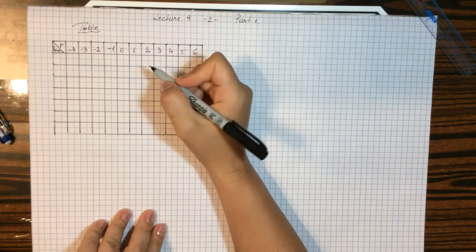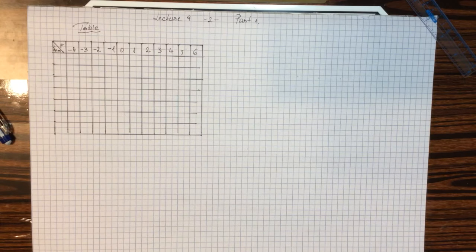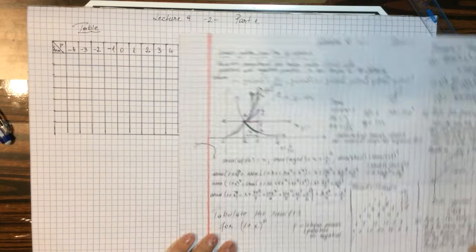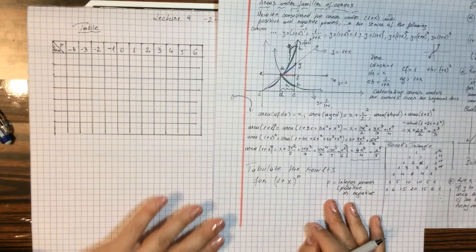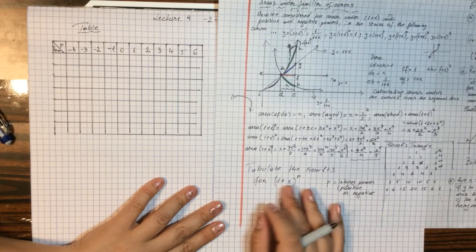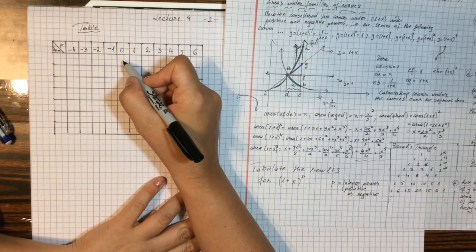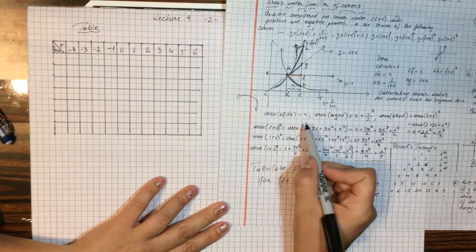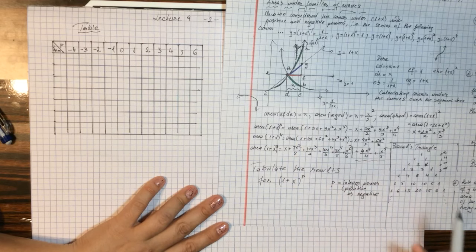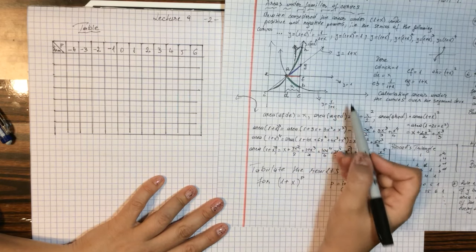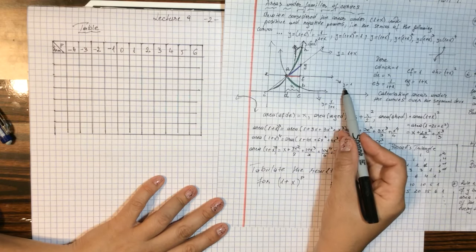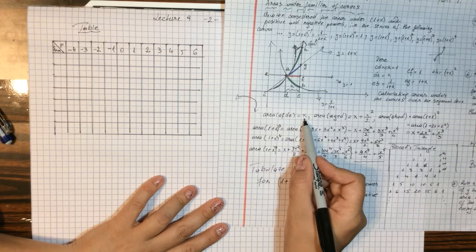Let's go to the first page. All right, for example, for power 0, the line y equal to 1 is your power 0, and the area under it is just x.